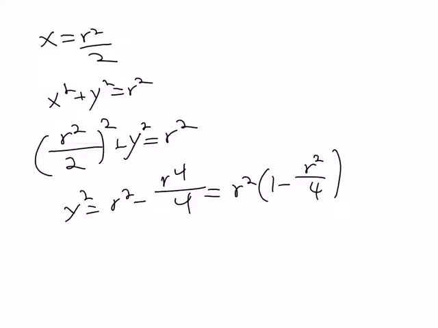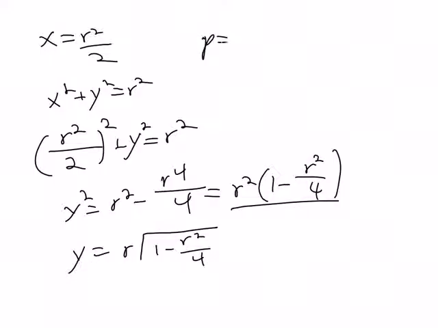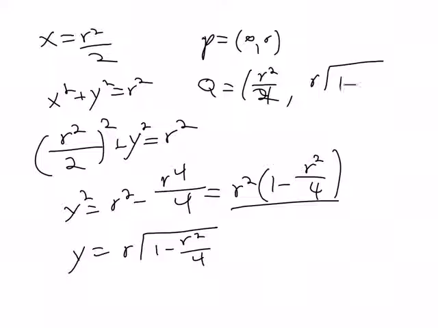So we get that y equals r times the square root of 1 minus r squared over 4. So the coordinates for our P, again, are 0, r. The coordinates for our Q: for x we have r squared over 2, and for y we have r square root of 1 minus r squared over 4. That's what we have.